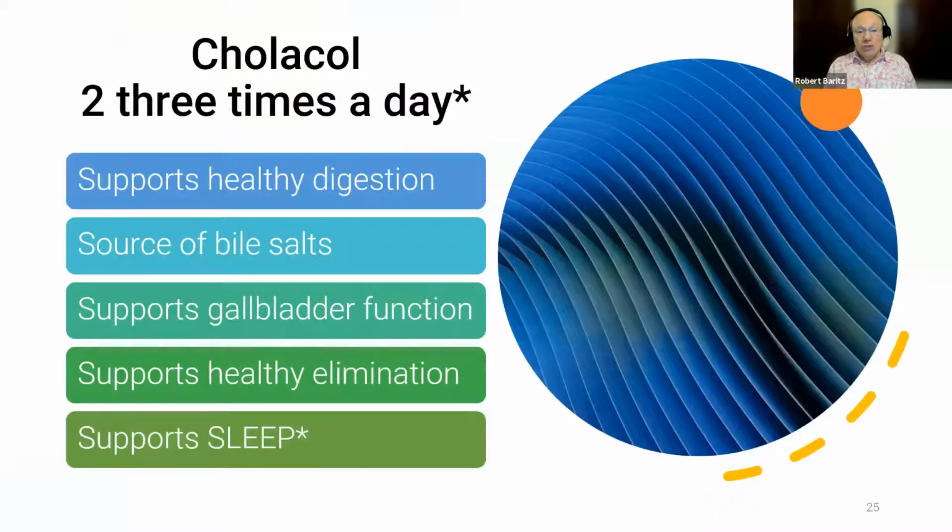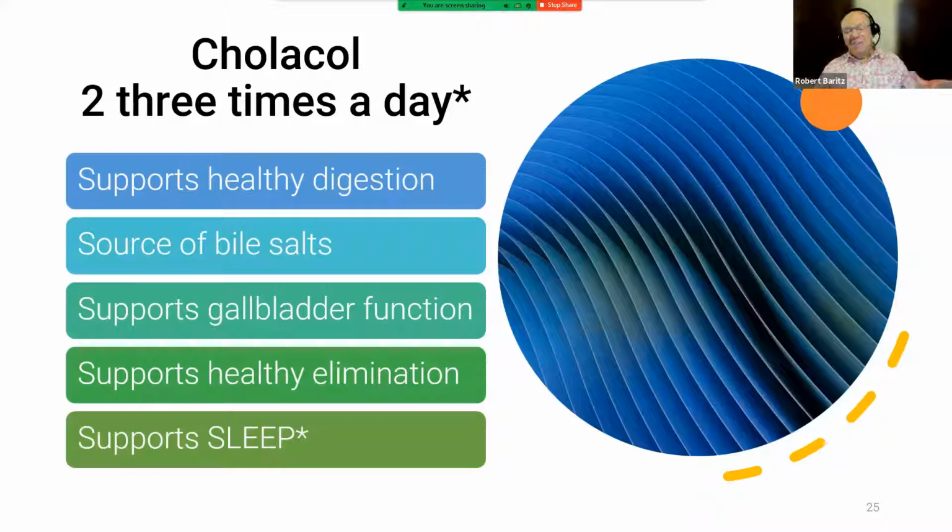Okay, Colaco, 2-3 times a day, supports digestion, source of bile salt, supports gallbladder function, supports healthy elimination, and supports sleep. You will not see this in the literature anywhere, but I've got to tell you, it supports sleep. Colaco triggers the release of cholecystokinin.